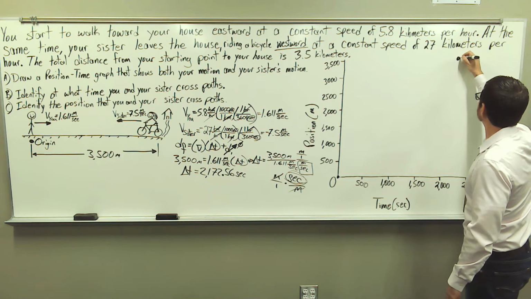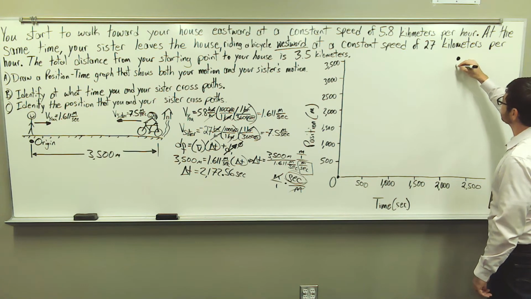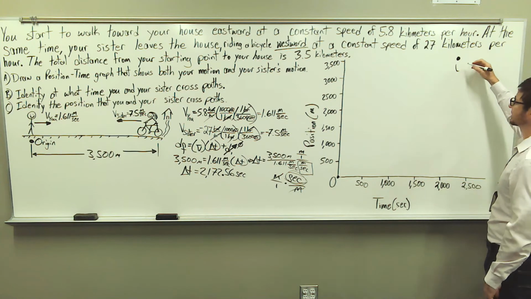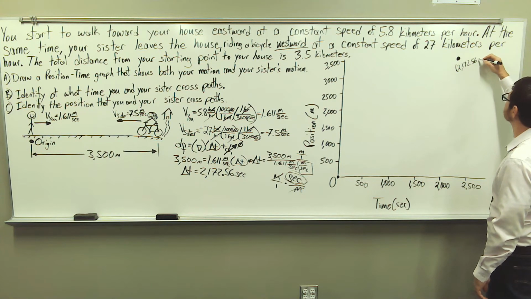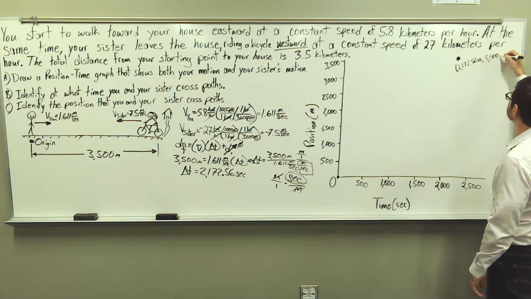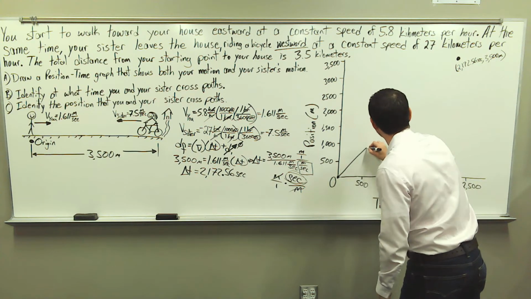So I'm going to place an ordered pair, and I'm going to go ahead and label this. So our ordered pair, we always list the x value first. This is 2,172.56 seconds, and our y value is 3,500 meters. That's our ordered pair.